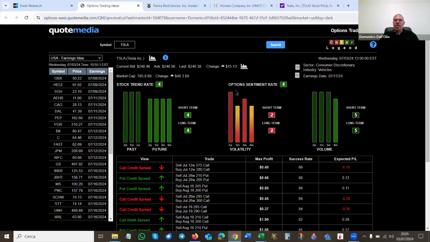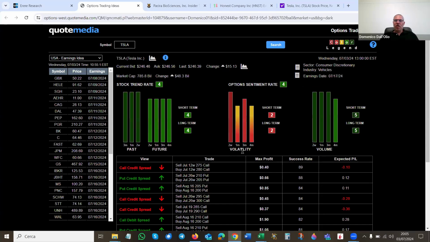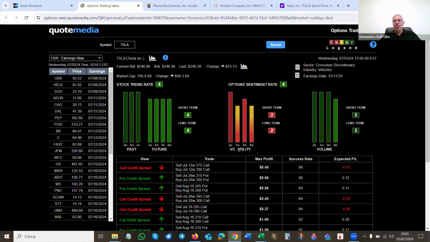And then you have the option sentiment rate, which takes into account the implied volatility of options. Basically, the logic behind the colors assigned to the bars, ranging from 2 weeks to 1 month, 3 months, and 4 months in the future, depends on the ratio between the implied volatility of puts with respect to the implied volatility of calls.